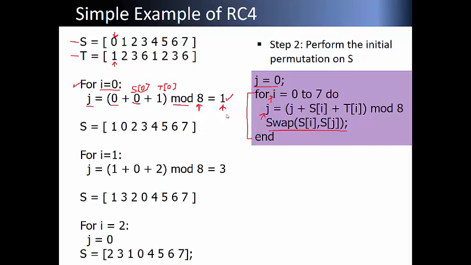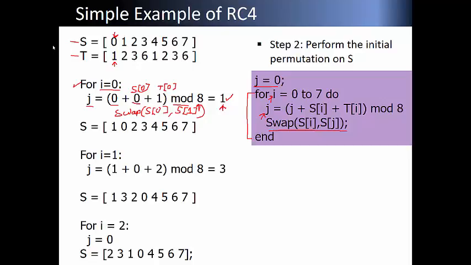Now we want to swap here. What we need to do is swap S of i, which means 0, and S of 1. Right? So S of 0 and S of 1.